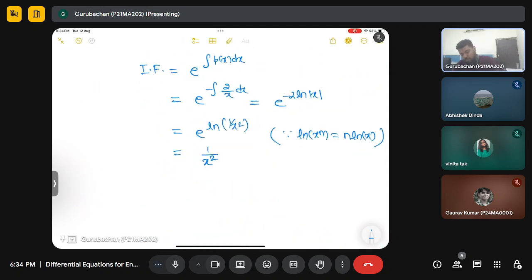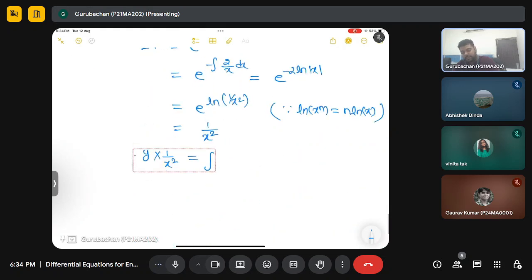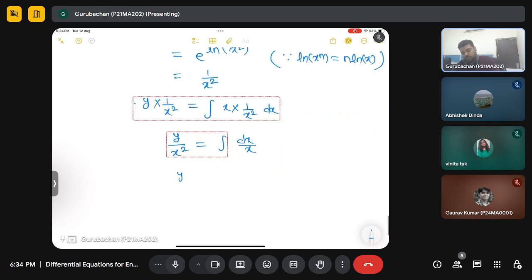Our solution will be y into 1 by x square equal to the integral of Q(x) times the integrating factor dx, which gives the integral of 5 by x square dx by x. This will give ln x plus some constant.